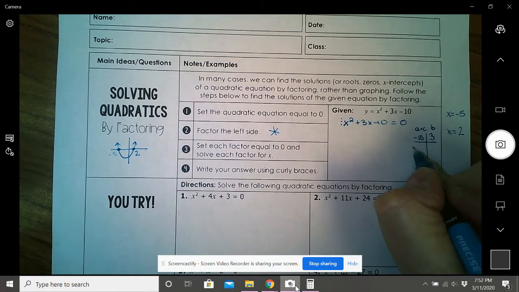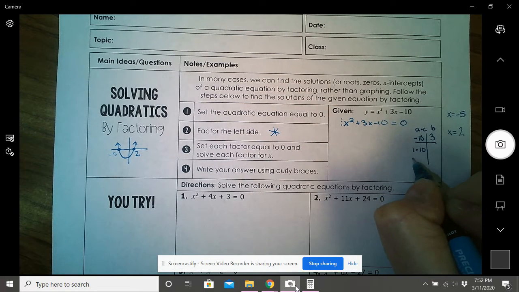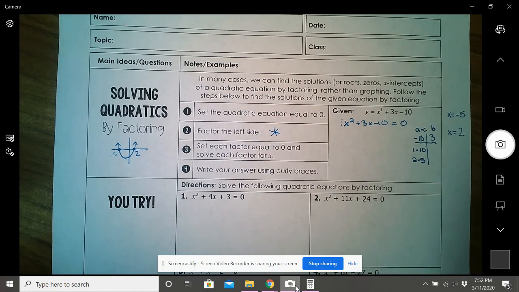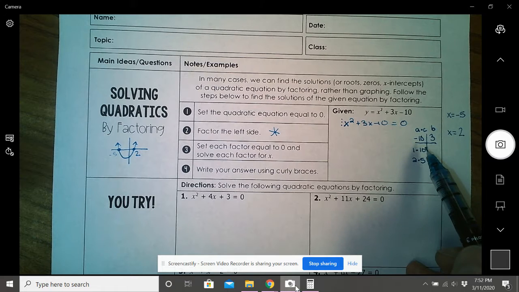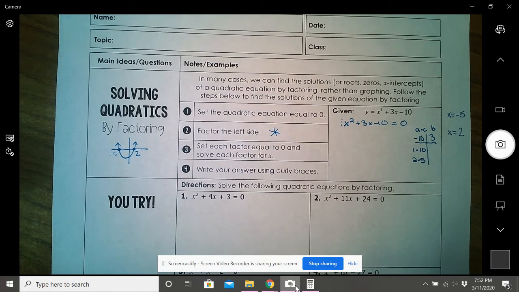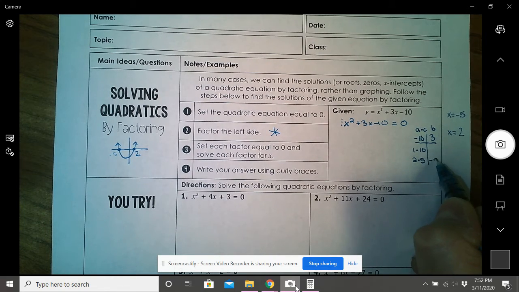We've got 1 times 10 or 2 times 5. If I'm trying to multiply for a negative 10, one of these values has to be negative. But I also want to add for a positive 3, so I hope you're zooming in on 2 and 5. If the 2 was negative and the 5 was positive, we would be getting that positive 3 sum.